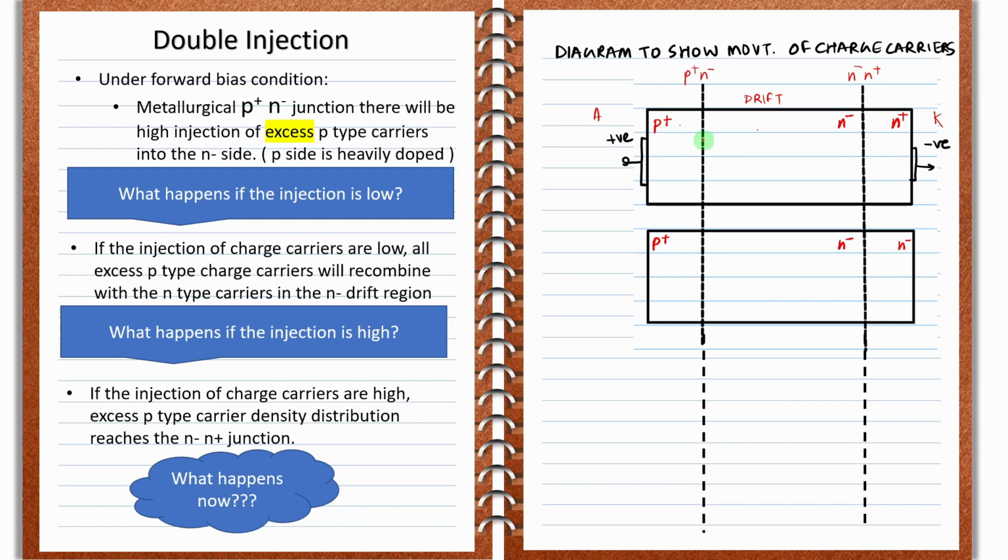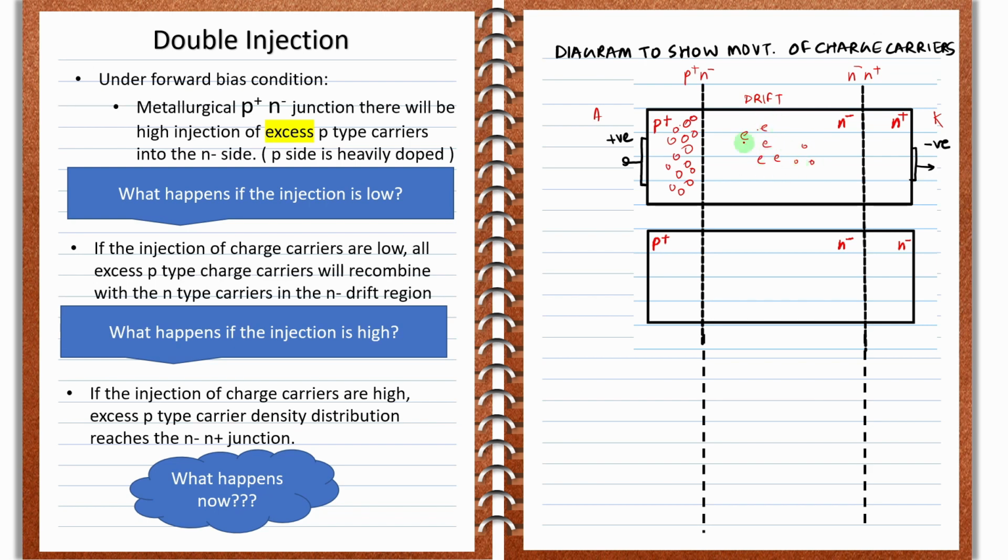Let us focus our attention here. You know that the P plus region is heavily doped. Therefore, the P type charge carriers will be very high. In this case, P type charge carriers means holes. The P type charge carriers will be very high in this region. Now you know that the drift region is lightly doped. Therefore, here the electron concentration will not be very high and the hole concentration will be still lesser.